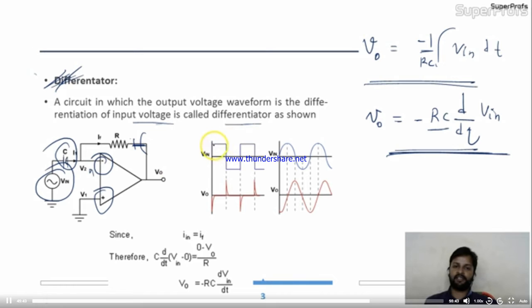So if we differentiate this step function, it will become a unit impulse at that particular point. Is it okay? If you differentiate a sine waveform, sin t, it will become cos t. Okay, friends.